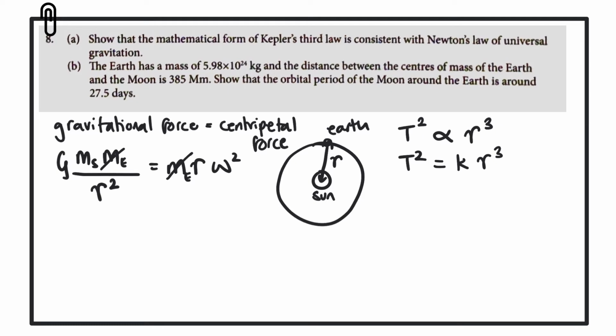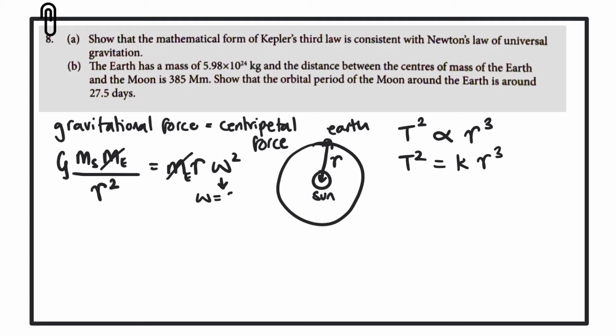What I want to do next is get rid of that omega symbol, which is the angular velocity. There is a link between angular velocity and time period, and that's how we're going to get T into this equation.